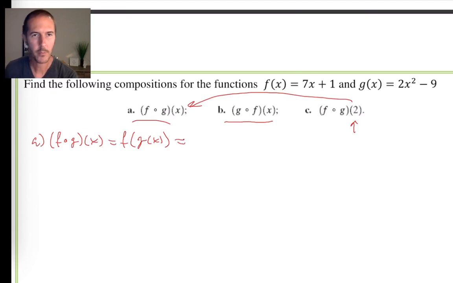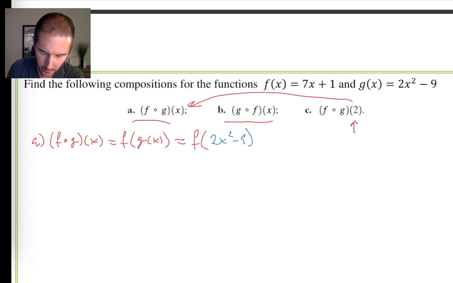So I'm going to replace g of x with what it really is. I'm going to write this as f of 2x squared minus 9. So you can see here that we're taking the g function and plugging it into our f function.